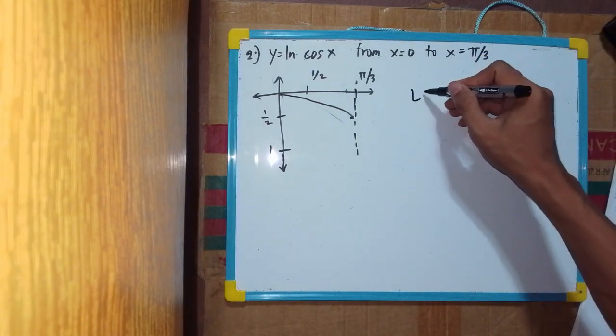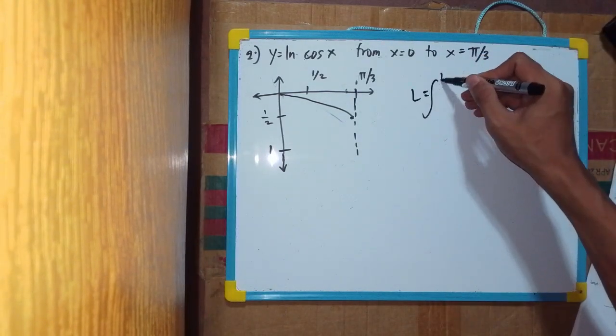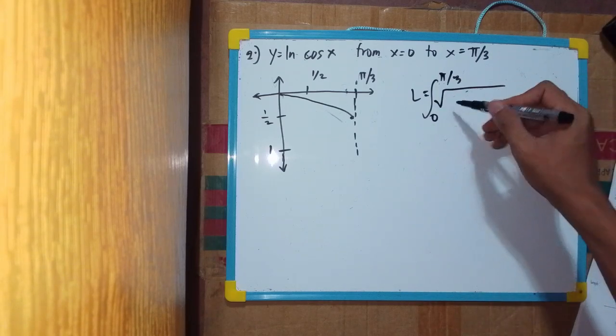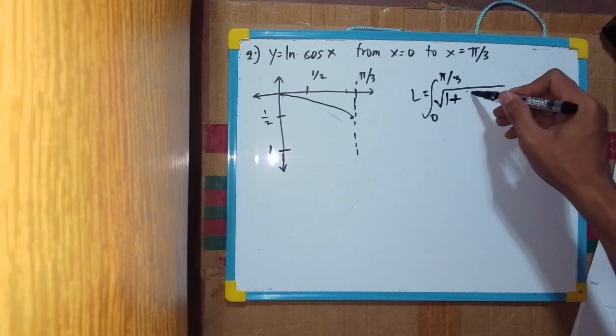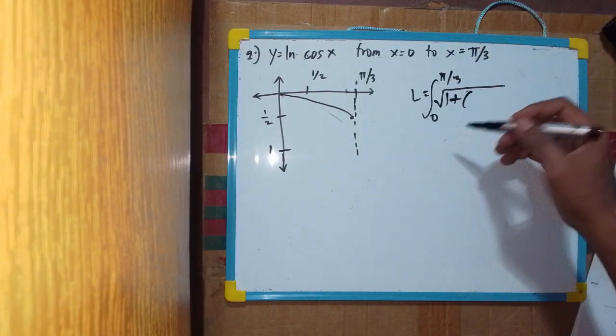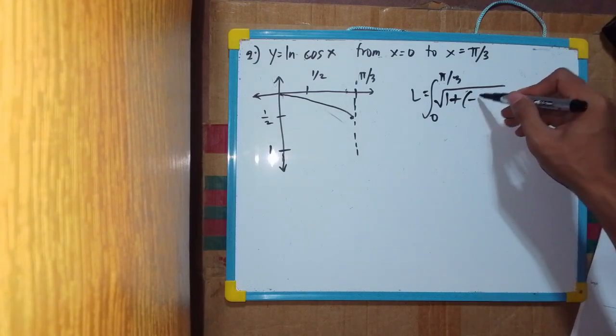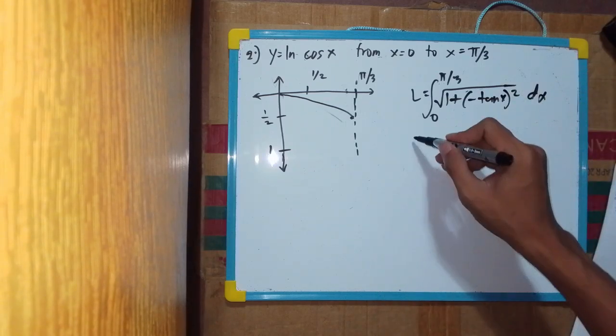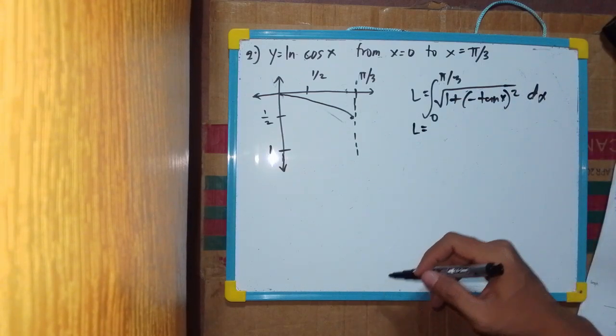So now the integral becomes L equals the integral from 0 to pi over 3 of the square root of 1 plus (negative tan x) squared dx.